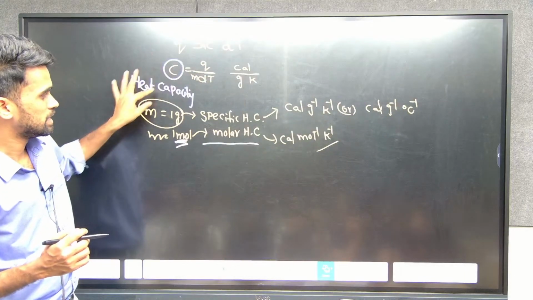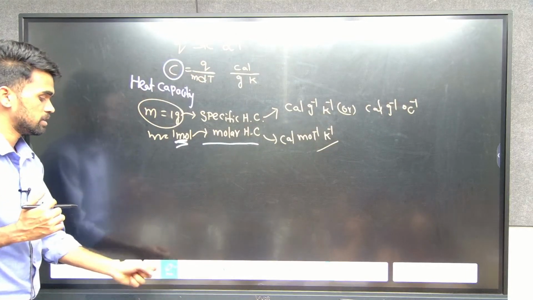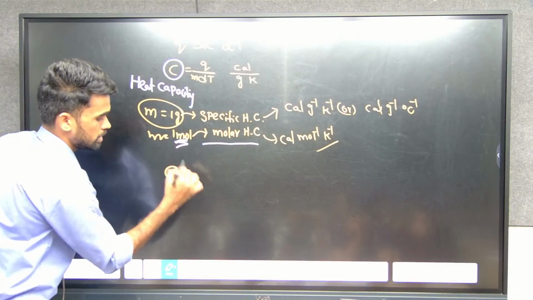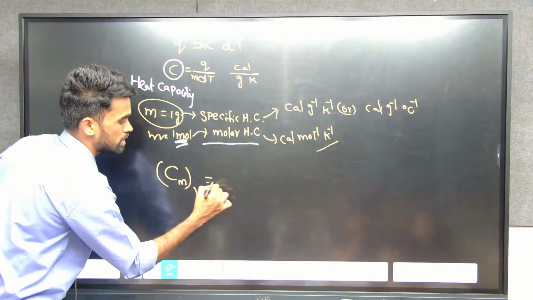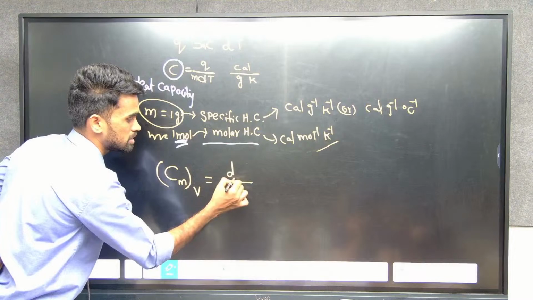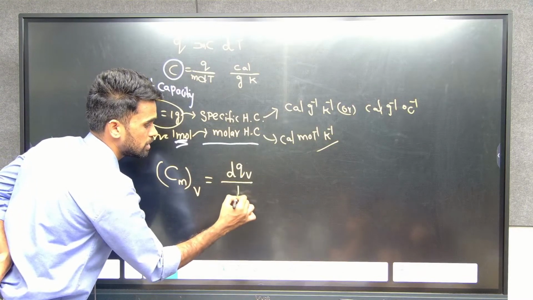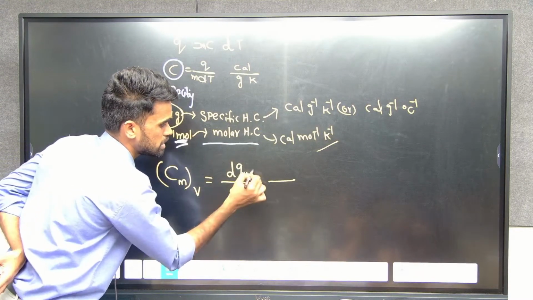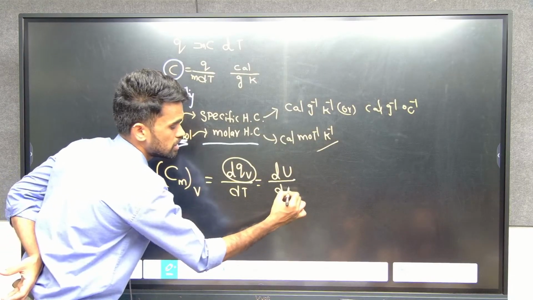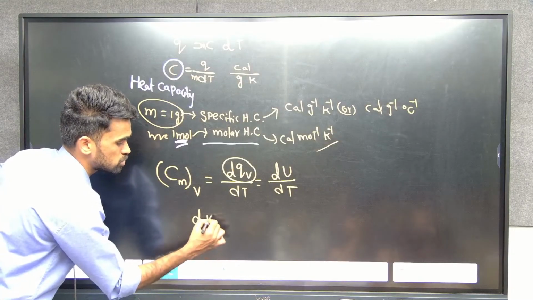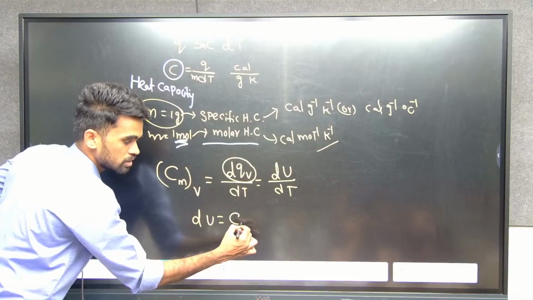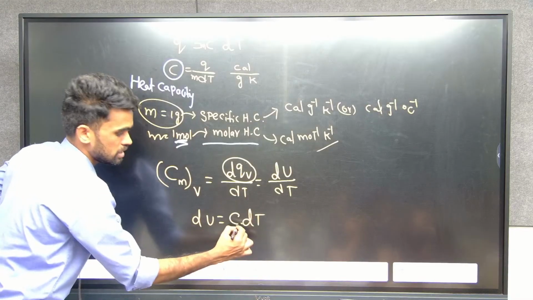Okay. Next one. See, if the molar heat capacity, Cm, is measured at constant volume, it is nothing but dQv by dT. This dQv means, as I told you, internal energy change. So now from here dU equals Cv dT.